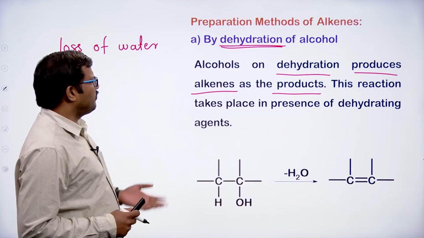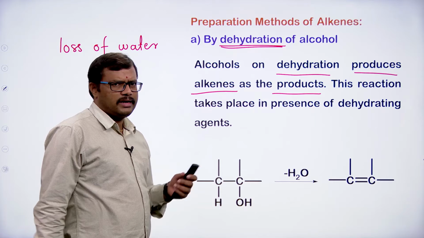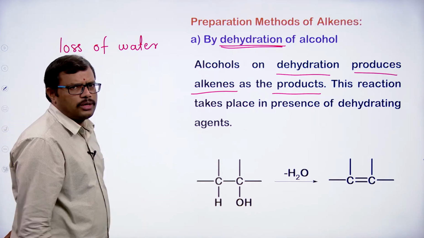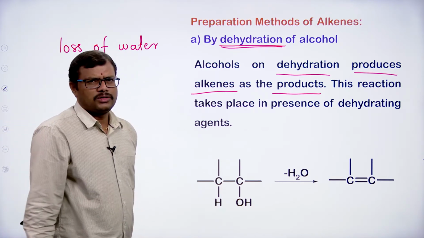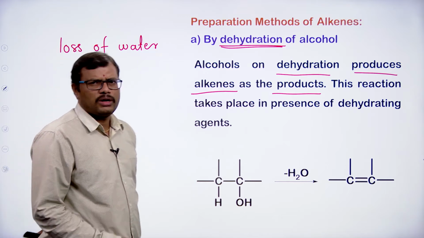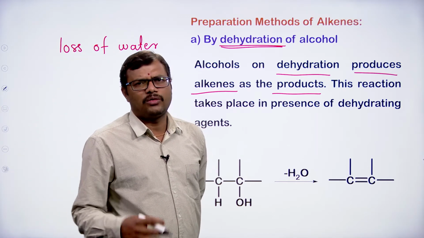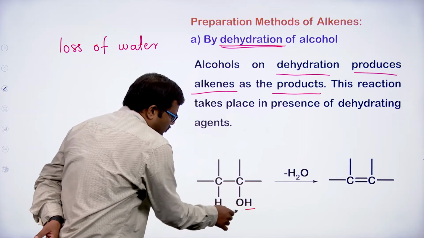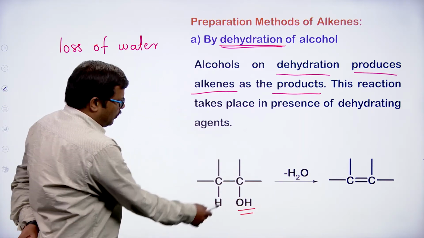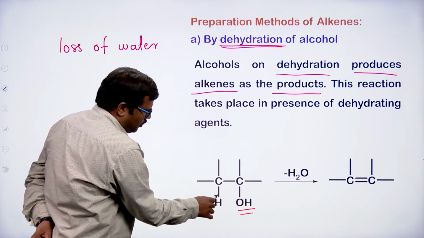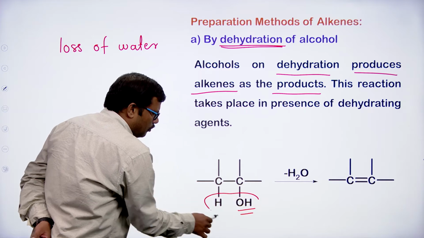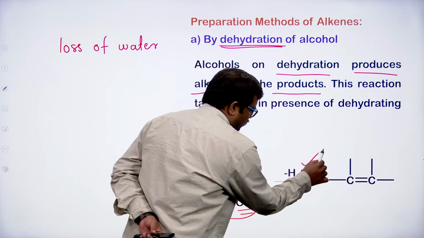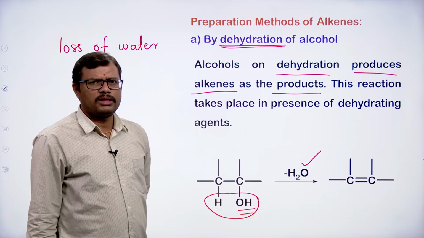So in the case of dehydration, we require a dehydrating agent. What is exactly happening in this case? If you observe the molecule, this is an alcohol. Okay. So whenever we replace one of the hydrogens of an alkane with the OH group, we get alcohols. So the OH group is present, and this hydrogen as well as this OH are both lost in the process as a water molecule, in the form of H2O they will go out.